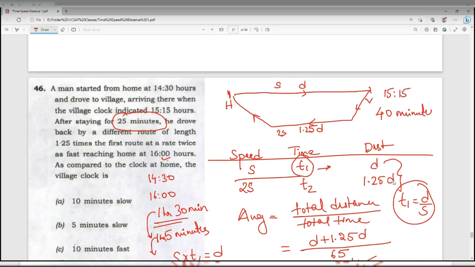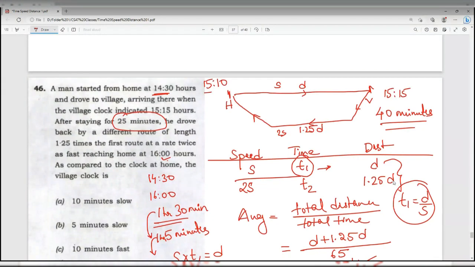So if he is carrying his home clock, that home clock, when he had reached the village, would have shown 2:30 and 40 minutes, that is 15:10.